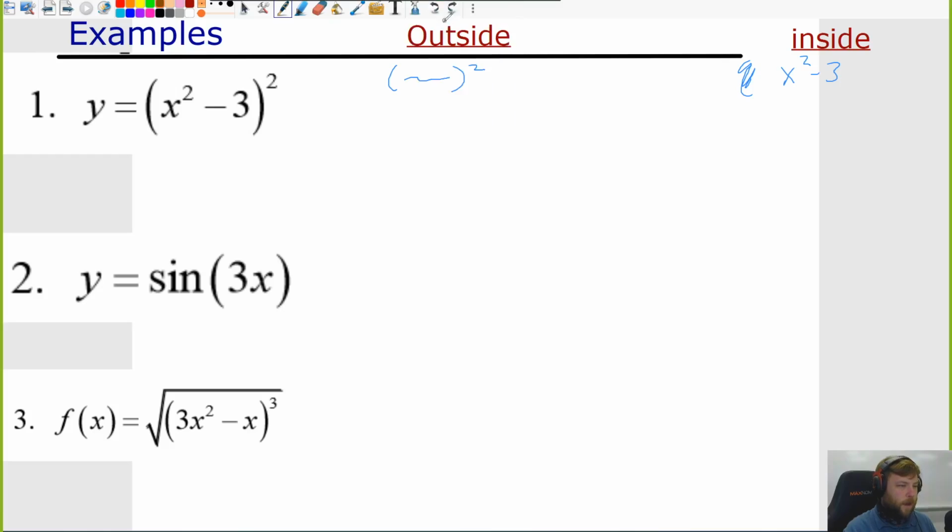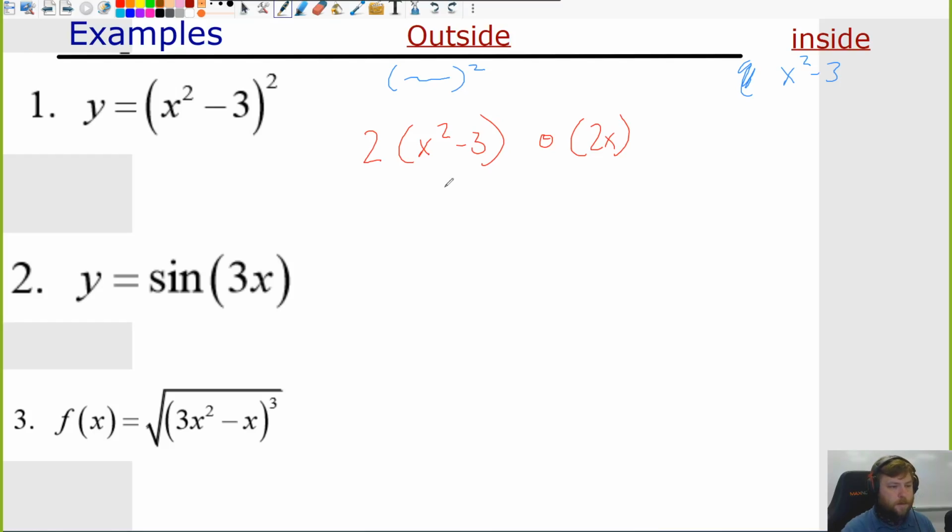So the way I would derive it, the derivative of something squared is 2 times that something, and our something is x squared minus 3, and then times the derivative of this thing, which would be 2x. I'm just going to put it in parentheses.